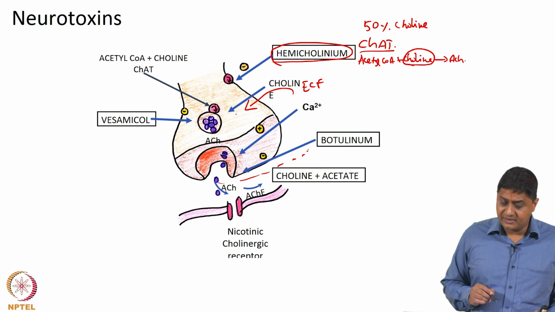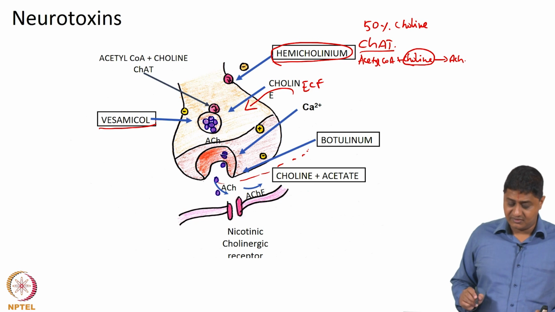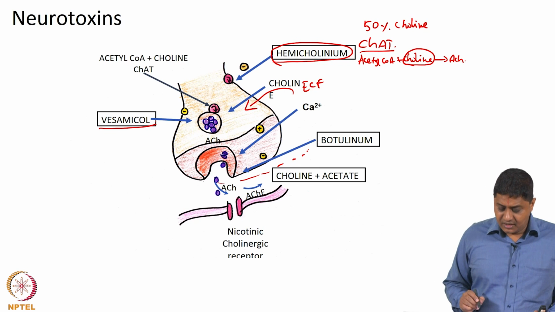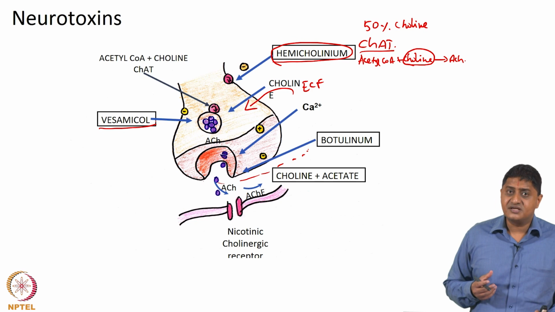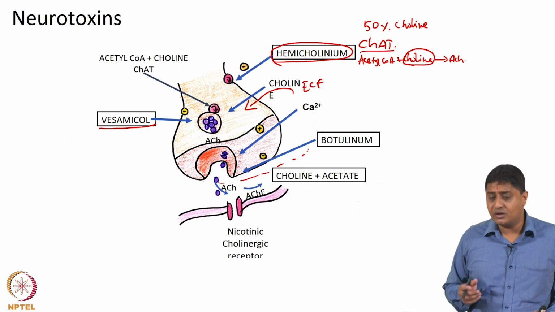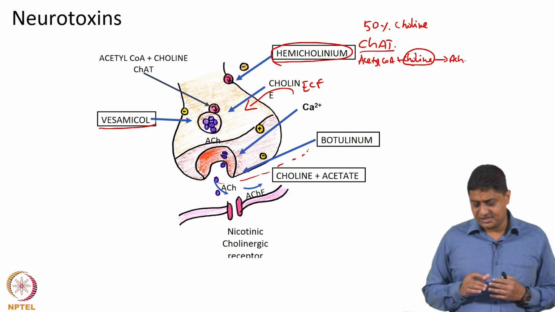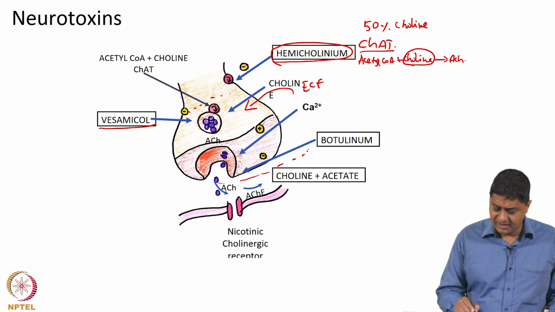Now, another thing that could go wrong is what happens with the toxin vesamicol. Vesamicol causes vesicles to go empty by the following process. Essentially it does not allow acetylcholine to be packed into vesicles. That is essential, because acetylcholine cannot go outside by itself, as there is no acetylcholine channel.